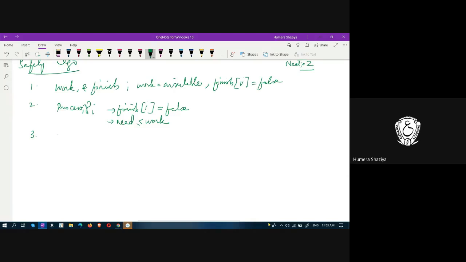What do you do in step number 3? You say work is equal to work plus allocation. You are allocating the resources to process I, and then you say that finish of I is equal to true. Means after you allocate all the resources a process needs, the process obviously finishes its execution.